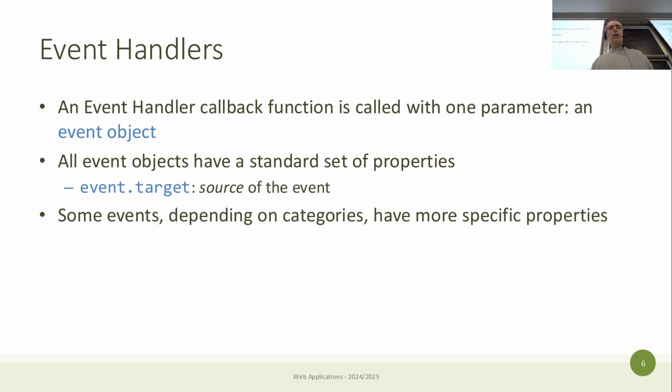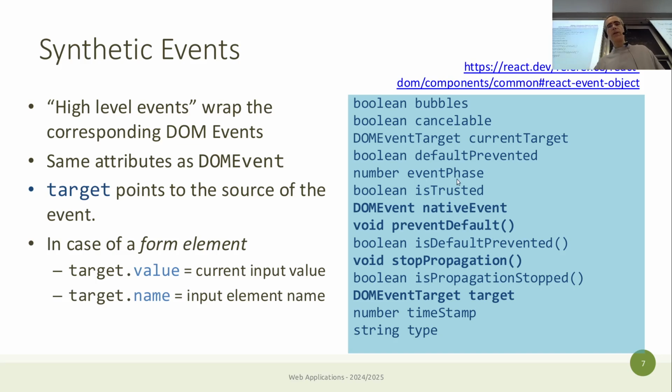And of course, some events, depending on the categories, have more specific properties. There's just an example here. But we typically use only very basic properties because we are interested basically in the value of the form input.